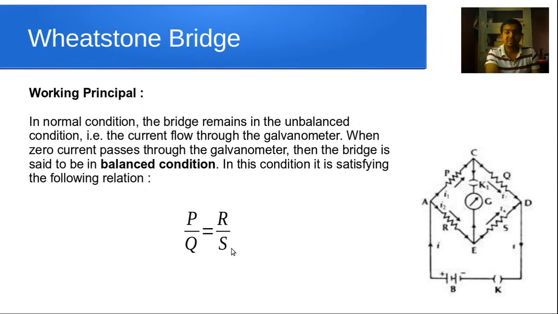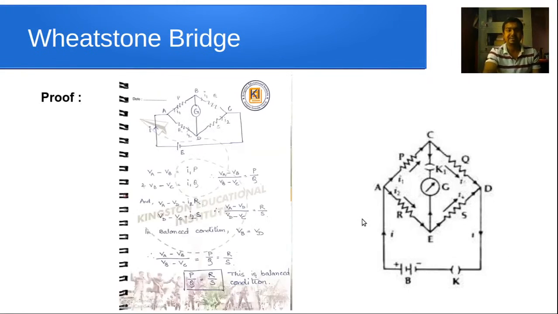But one may ask why P by Q equals R by S is valid when there is no current flow in the galvanometer. In the next slide I can prove why P by Q equals R by S. First of all, we have to consider that there is no current flow in the galvanometer, meaning the current in this direction is zero.